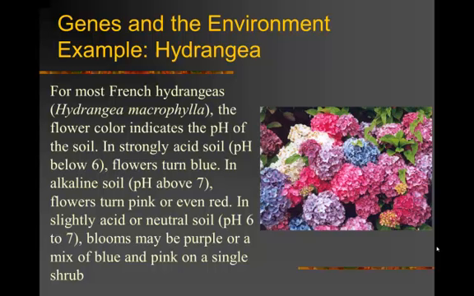So as it says, in strongly acidic soil, the flowers turn blue, the pH is below 6. In alkaline soil, where the pH is above 7, the flowers turn pink or even red. And in strongly acidic, and that's what I have, soil or neutral soil, the blooms may be purple or a mix of blue and pink on a single shrub. And I get the deep purple because I have a lot of pine trees, and the pine needles are what actually make the soil more acidic.